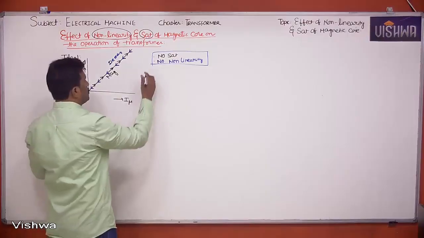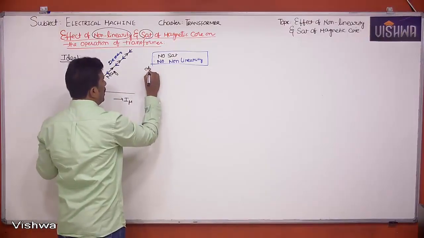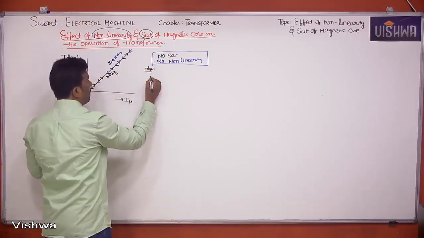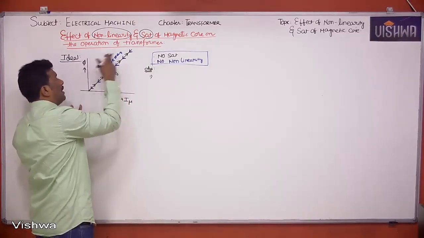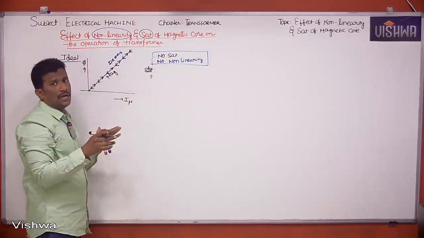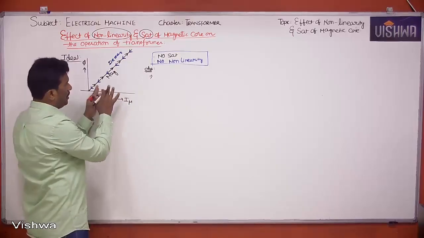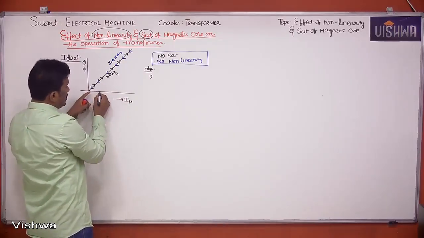Let me have some observations here. Tell me, do the current maximum point and flux maximum point occur simultaneously or not? Just see the figure and tell me. If I increase I mu this much, flux is this much.